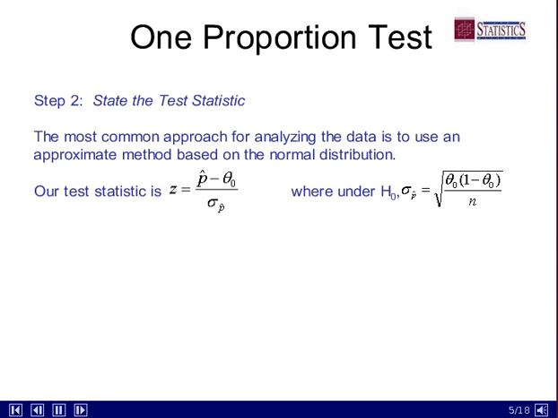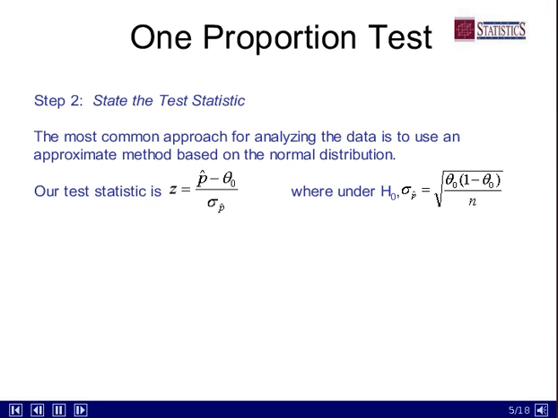So our test statistic in general, z, again resembles a t. It's our estimator minus our hypothesized value divided by a standard deviation for the estimator. So that means the top is p hat minus theta 0. Now, under the null hypothesis, we can write sigma p hat, the standard deviation of our estimator.